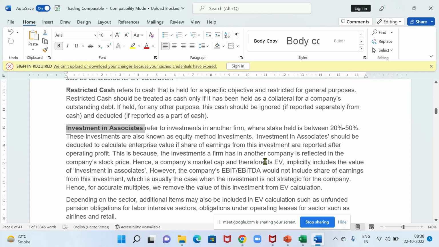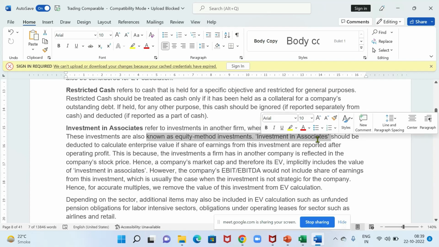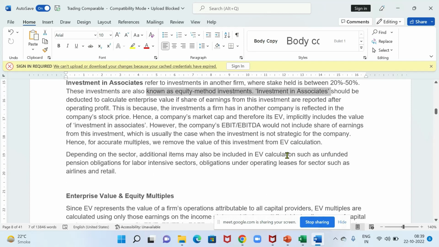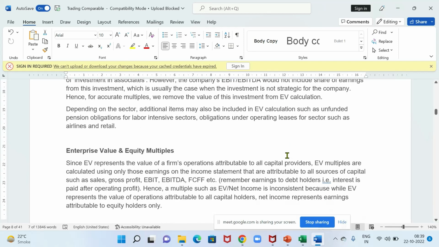So this will give me a wrong figure. Hence, I have to exclude investment in associates from the enterprise value. So try and understand that this is not the normal operating business of the company. Hence, we are excluding. They are not in the business of investing. That is not their core business. Hence, we have to exclude it.